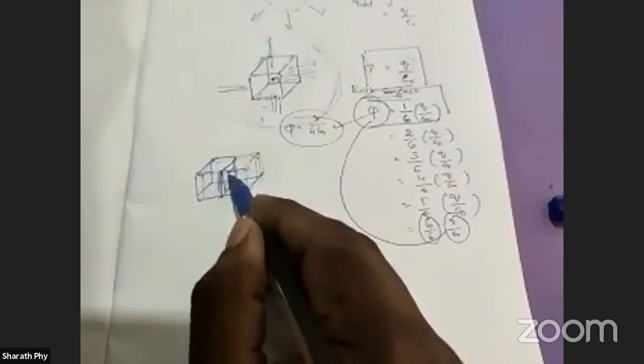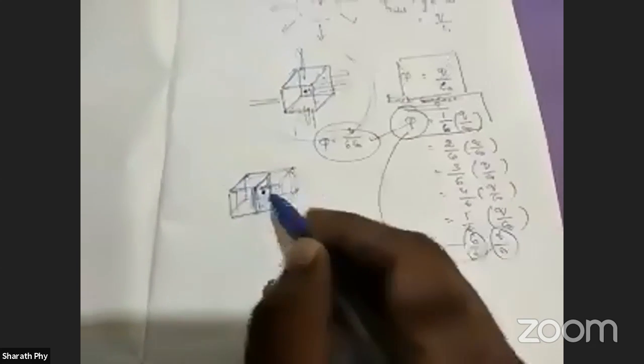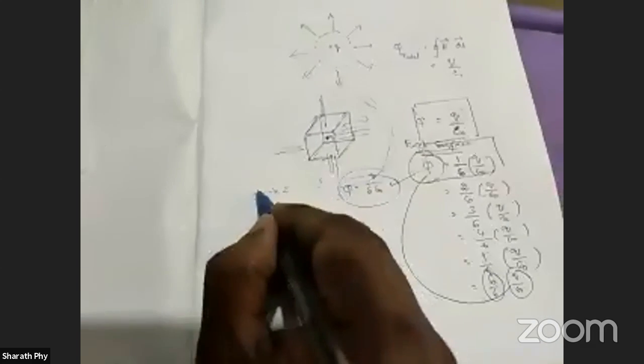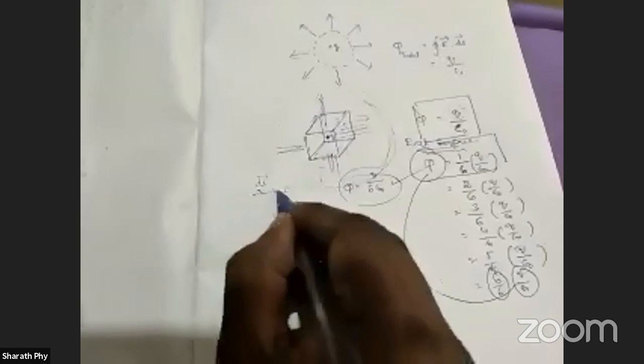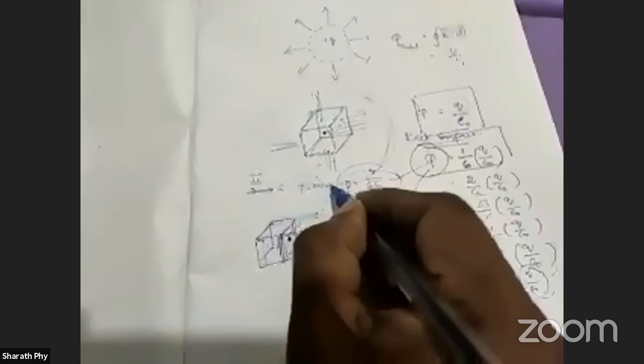Then what is the flux linked with the total surface? Let us calculate. What we know previously is, if the electric field is in this direction and the surface vector is also in the same direction, then the flux is maximum.